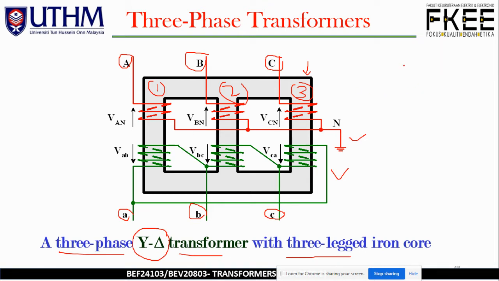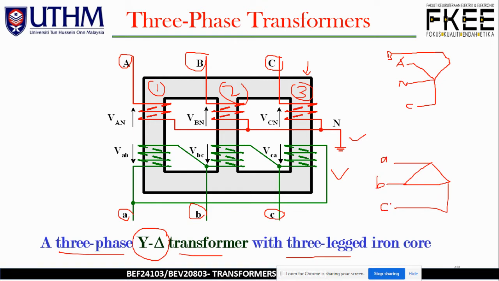If we draw the Y or star configuration, it will look something like this. We have over here the A, the B as well as C, and in between the N, right? Similarly, if you go down here, we have on the other side the delta configuration. So we have the small a, small b as well as small c.